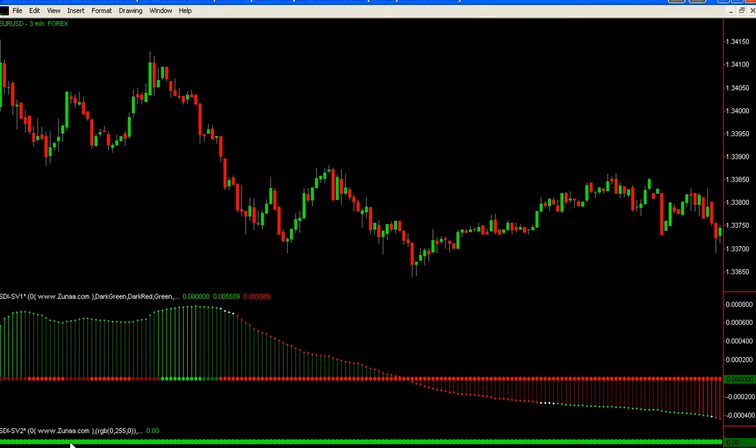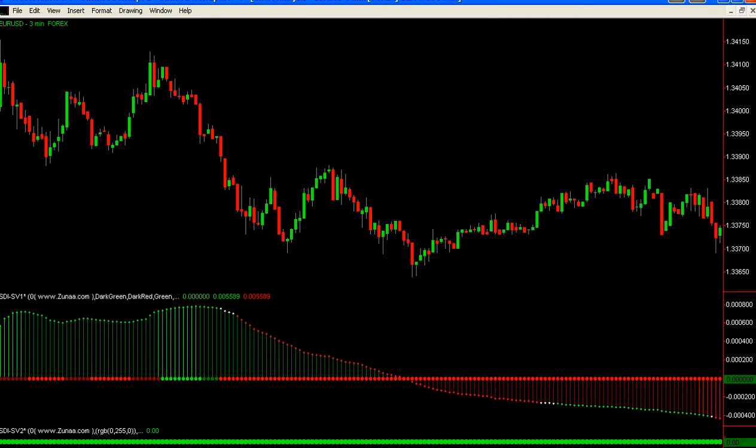Then we have the longer term trend, which is the SDI-SV2, just like the SDI2, and that gives you the longer term trend. Ideally, if that's red and we had everything else up here red, then that's showing extreme downward momentum or downward trend or downward bias.